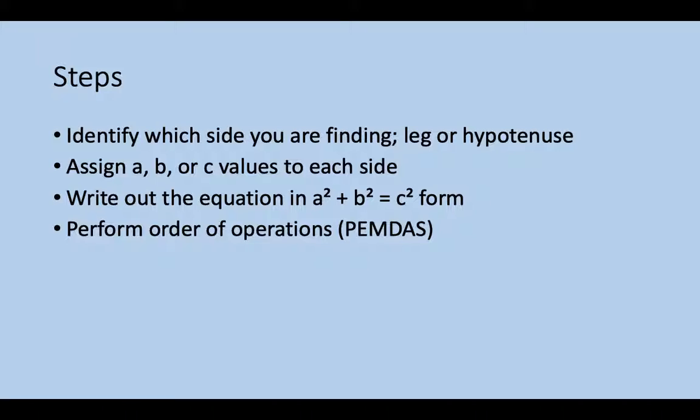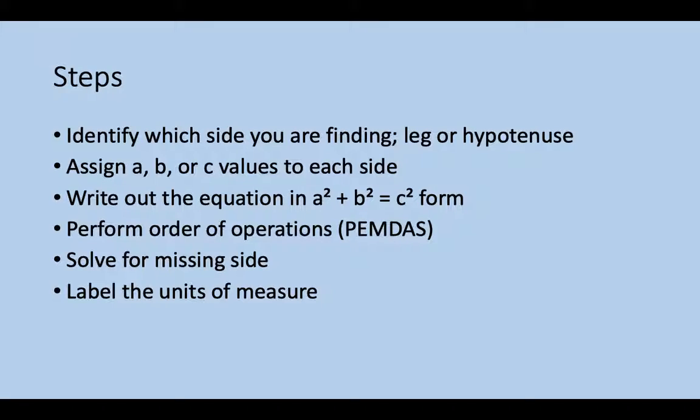Don't forget PEMDAS: parentheses, exponents, multiplication or division, whichever comes first, and then addition or subtraction, whichever comes first. Then we solve for our missing side, we solve for our variable, and last but not least, we label with units of measure. So each side should be all in inches, centimeters, meters, yards, whatever the unit of measure is, then you label your answer.